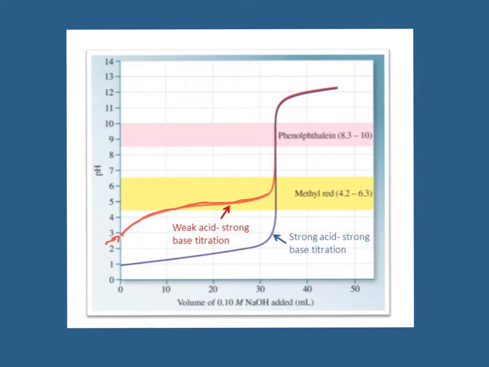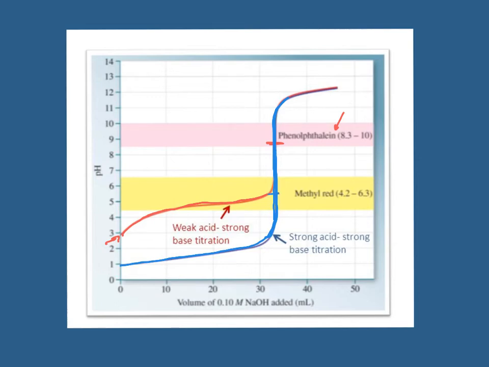So its equivalence point is around here, so you want something whose pKa is around there, so phenolphthalein is a really good choice. Okay? The strong acid, strong base, remember it's got this big, long area. So almost any indicator is okay.